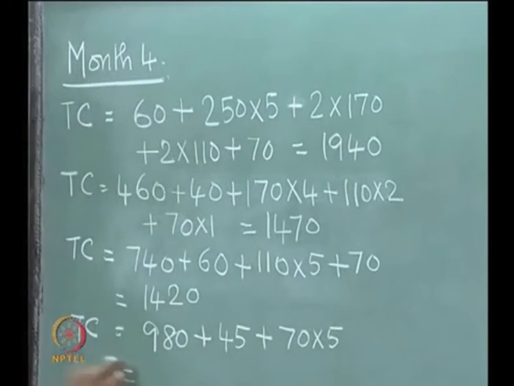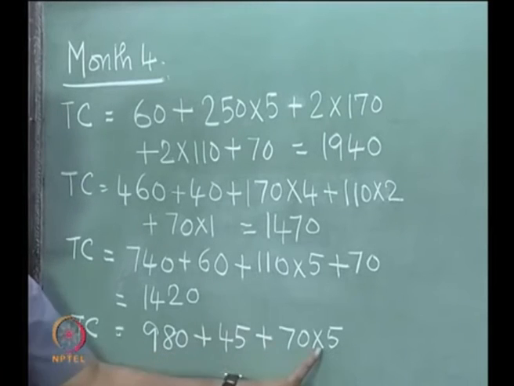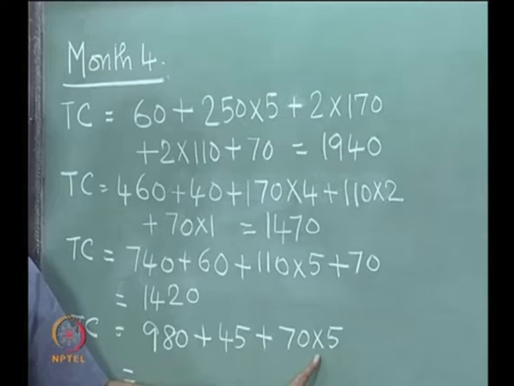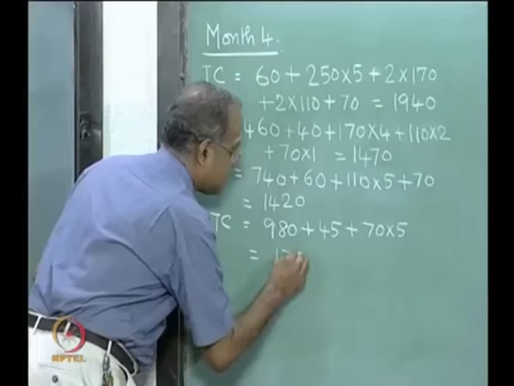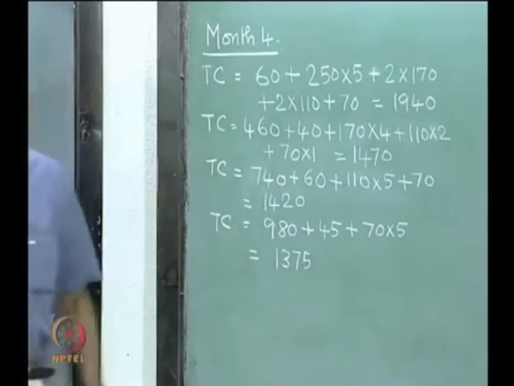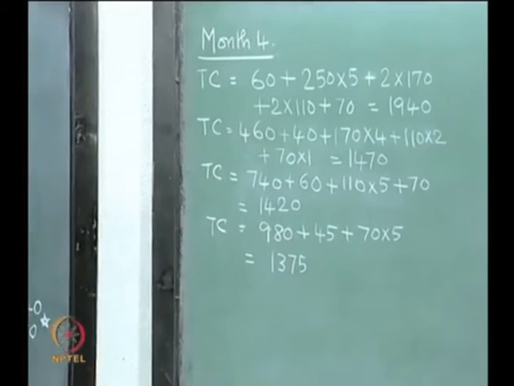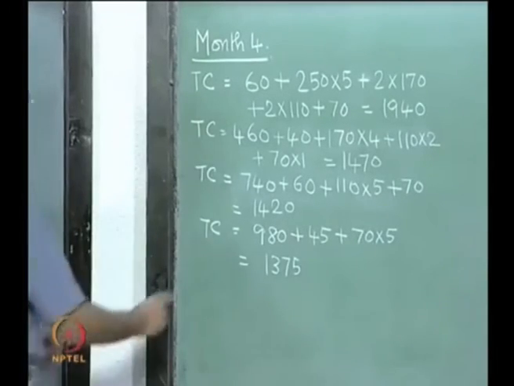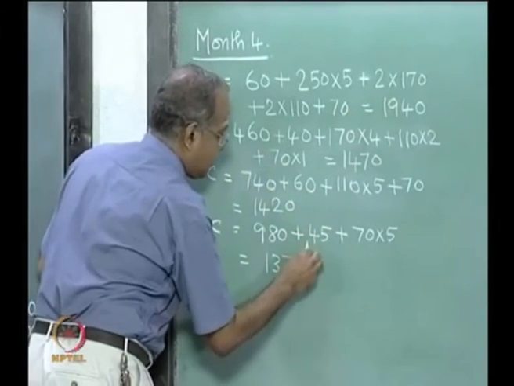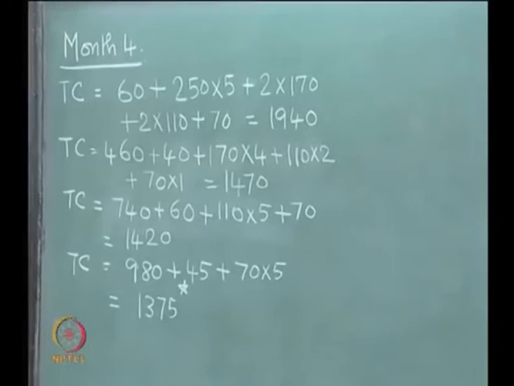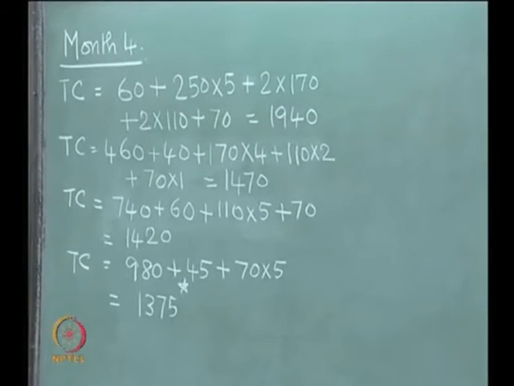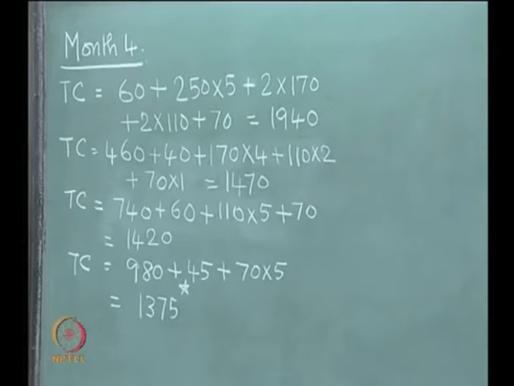There is no inventory involved. So, 980 plus 350 is 1330, plus 45 is 1375, which is the optimal one for this. So, out of these 4, the cheapest is 1375. The minimum cost is 1375.